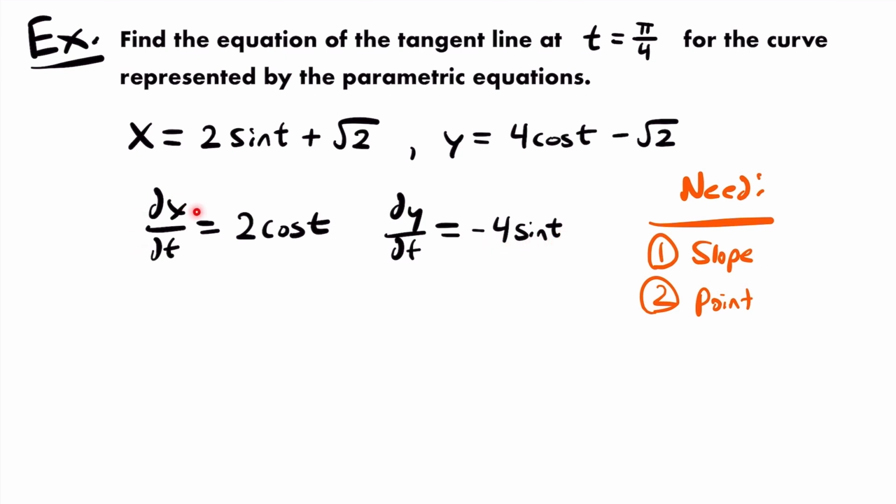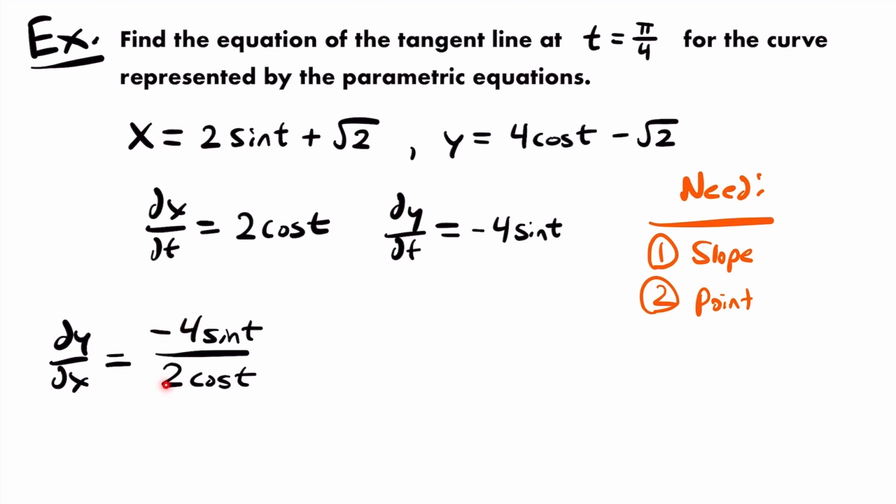Now that we have dx/dt and dy/dt, let's form our parametric derivative dy/dx. dy/dx will be equal to dy/dt divided by dx/dt. So we'll have negative 4 sine t divided by 2 times cosine t. Now we can simplify a little bit.